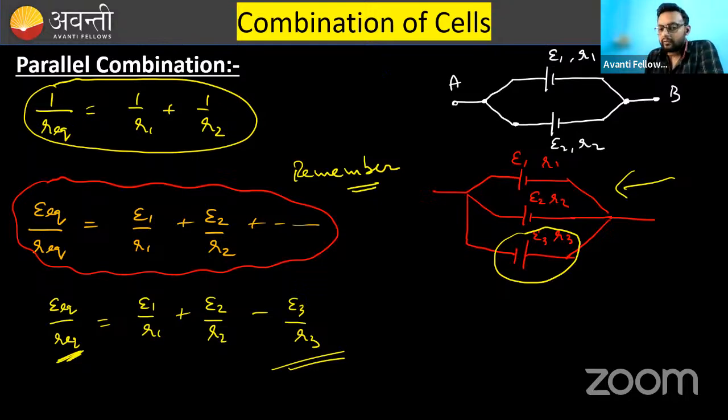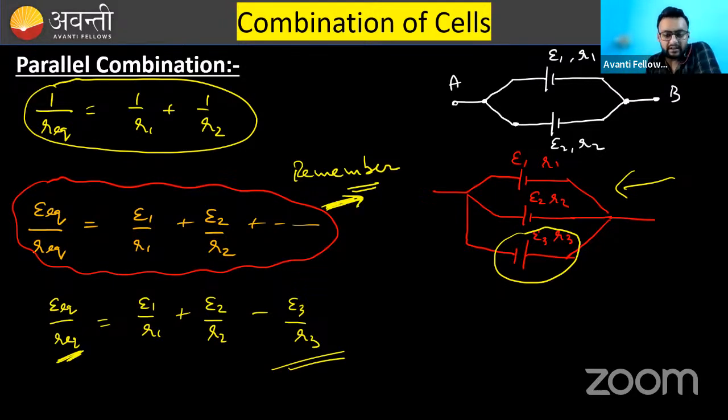Okay. Whenever you see parallel combination of multiple cells, then the relation is this one. We know this relation. I have tried to write it in the simplest way. You can remember this relation. Now, what is the problem? What is the exceptional case? Or you can say, this is not the exceptional case. This is simple physics.